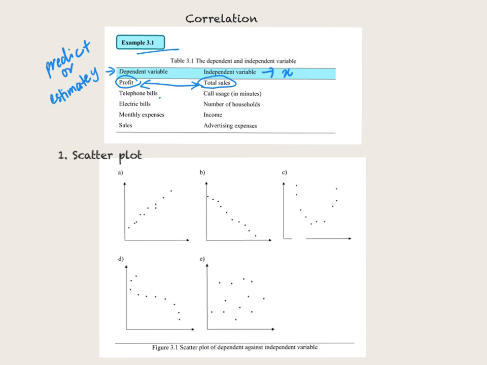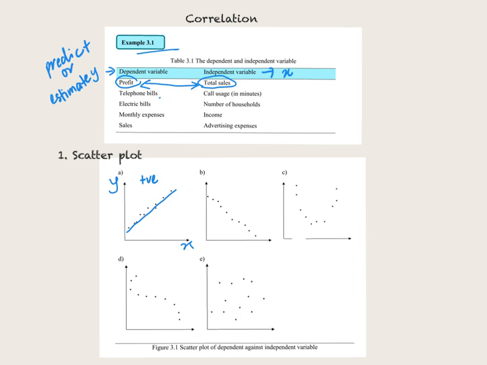For the scatter plot, we need to draw y against the corresponding value of independent variable x. In this case this is the y-axis and this is the x-axis, and after we plot the dots in the graph, we can see that there is a pattern in the graph. It is increasing. In this first scatter plot, we decide that it actually has a positive relationship between variables x and y.